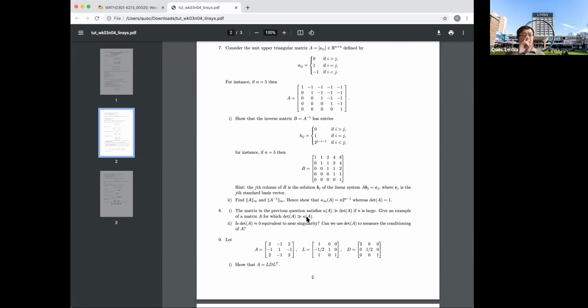The condition number is, say, a fixed number, but the determinant can grow to infinity. So can you show that there is a matrix so that the determinant can grow to infinity, but the condition number stays the same?